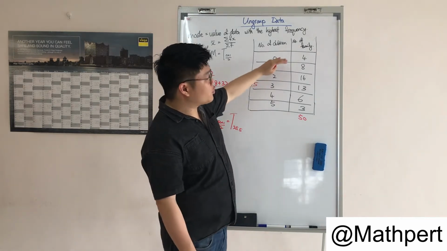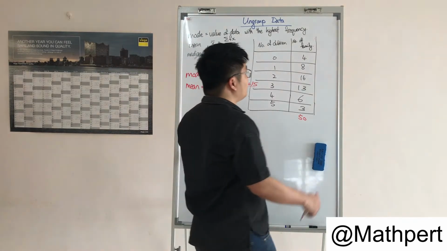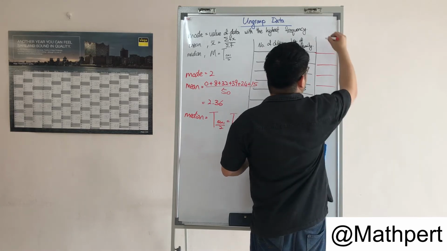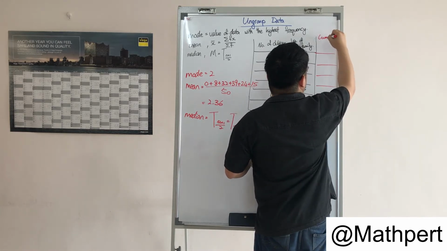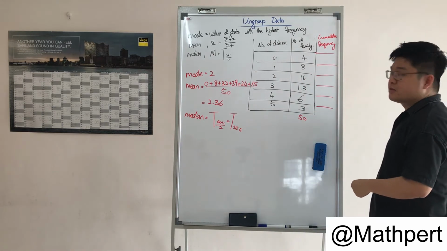Which one is the 25th term, which one is the 26th term? We don't know, right? So we do a cumulative frequency.